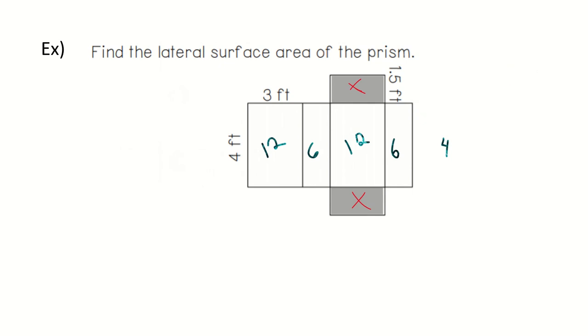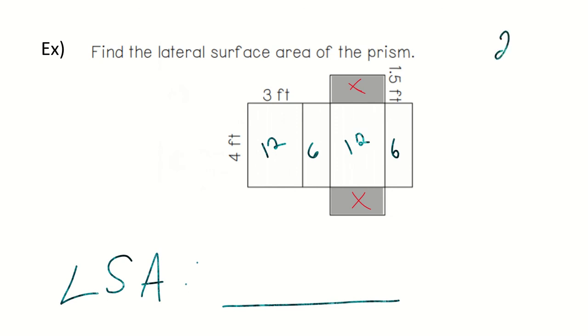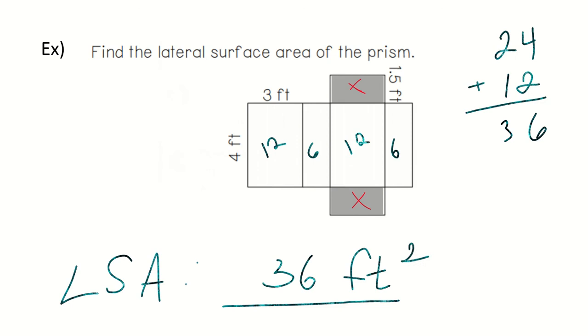Okay, so lateral surface area is all of that put together. 12 plus 12 plus 6 plus 6. 12 plus 12 is 24, and the two sixes are 12. So that's going to be 36 feet squared.